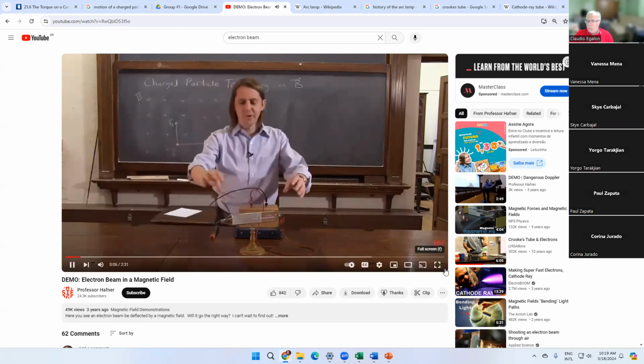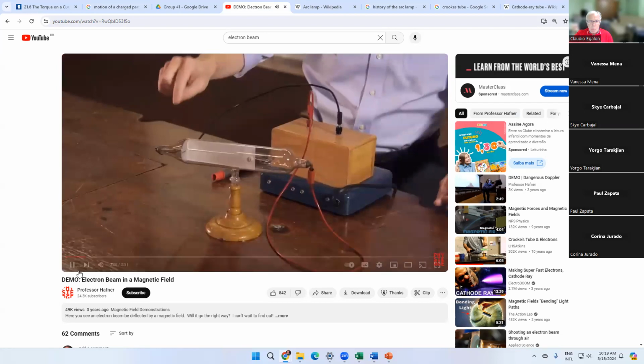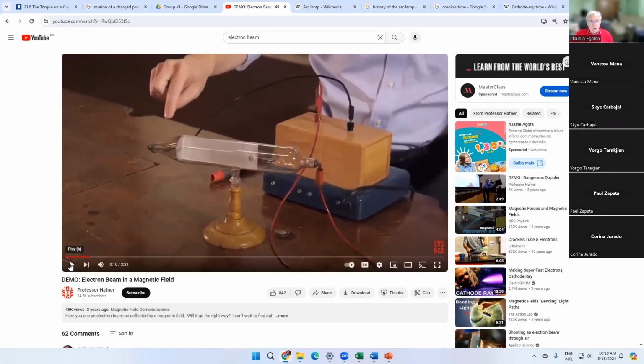So this is an evacuated tube, and it puts a big negative potential. Don't forget that the evacuated tube, that's what the Crookes tube is all about. It's not exactly evacuated, okay? Because if you're going to see something greenish, oh, this one is not greenish, this one is bluish.